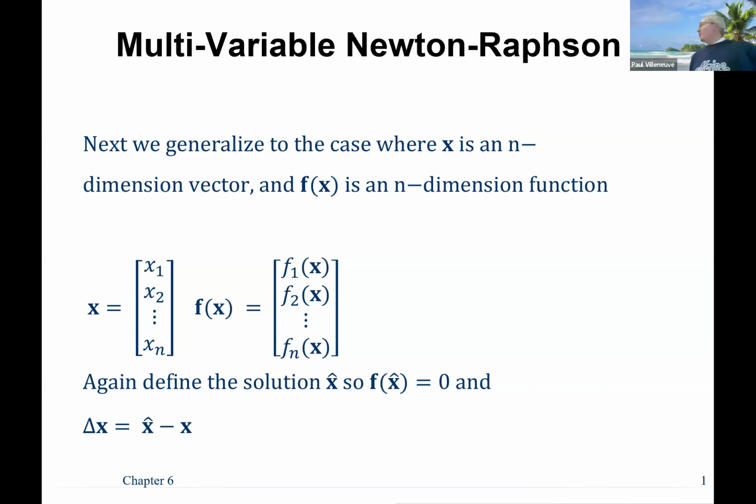So we need to get through this material to start to present or discuss the lab for Monday, because you're going to be doing Newton-Raphson solving multi-variable equations. We'll do it to a two equation, two unknown, but you can have a number of equations as long as you have the same number of unknowns, primarily because when we use it with multiple equations, we have to set everything up in matrices.